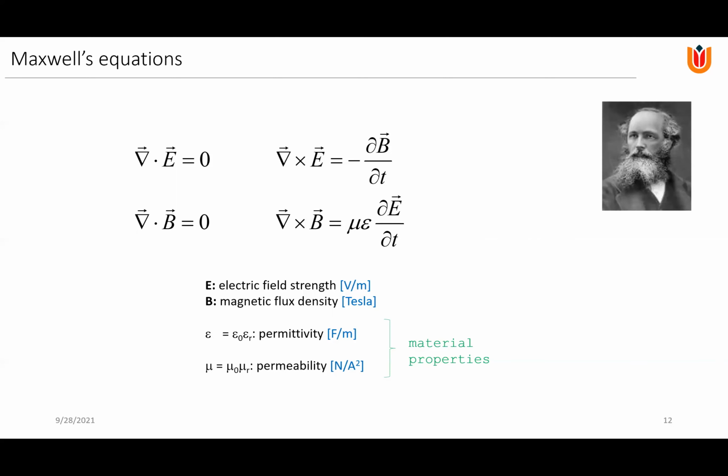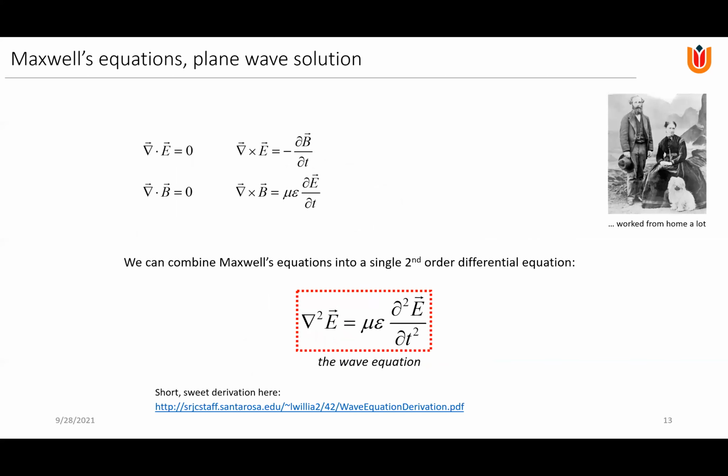Just to be sure, E is the electric field strength, B is the magnetic flux density. We have the permittivity, epsilon, and the permeability, the magnetic properties, over there as well. Important thing to know: these are the material properties that you put in. The permittivity and the permeability.